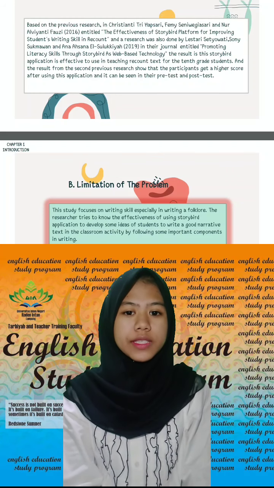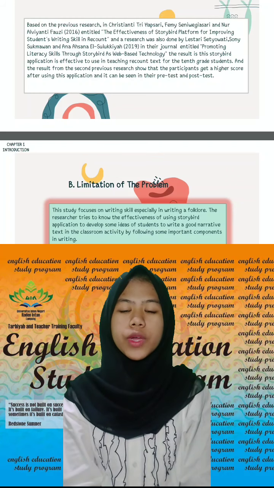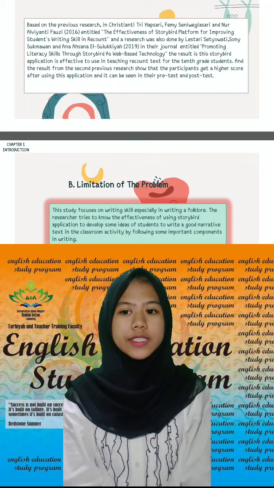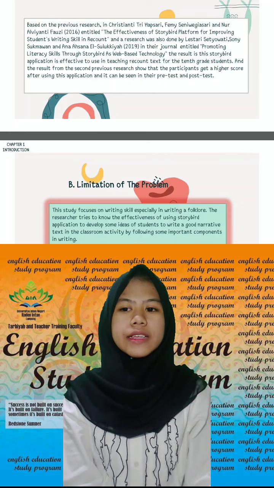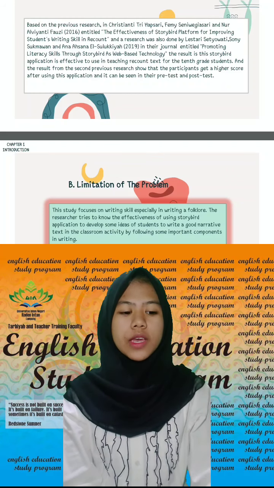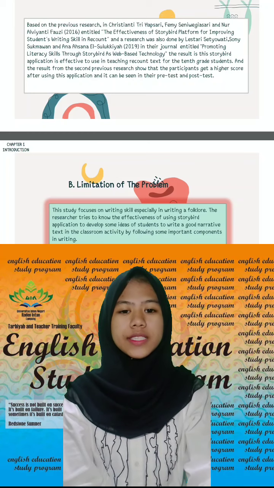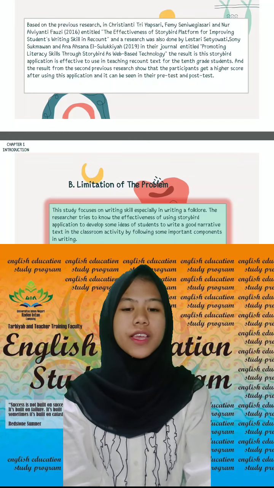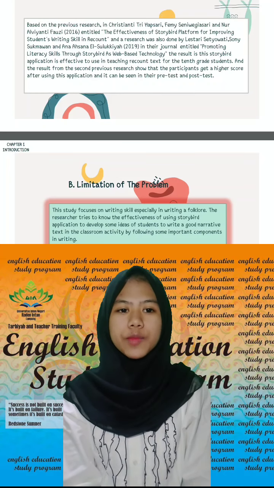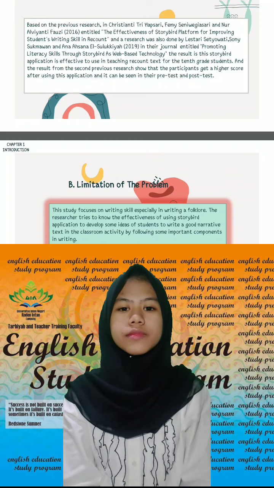Not only the students, but the teacher also has difficulties when delivering writing in the class. This is the reason why I do this research. According to the statement above, the researcher is interested to find out the effectiveness of using Storybird application to enhance the students' ability in writing, especially in writing narrative text.